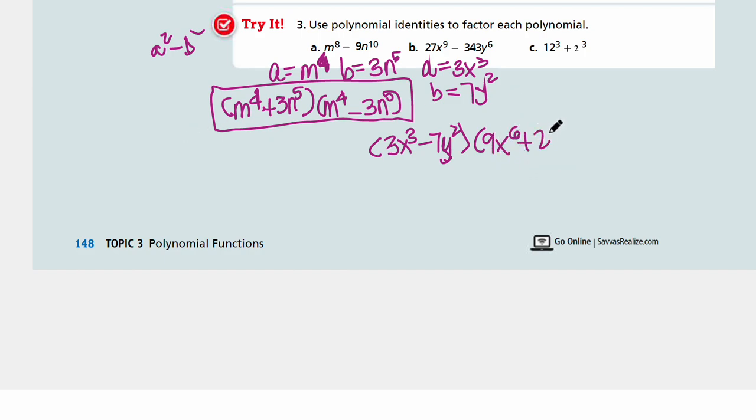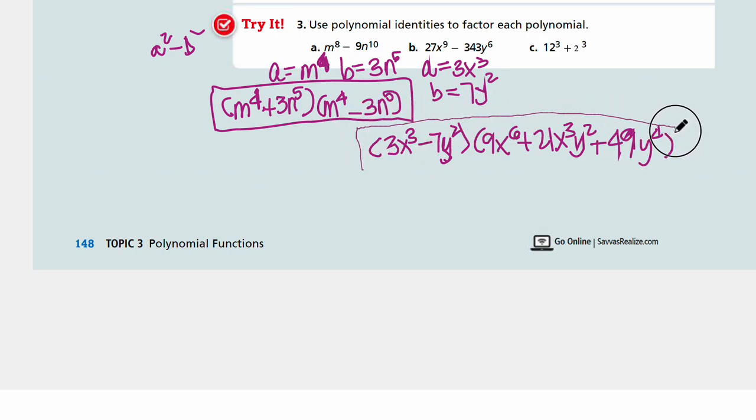So that's 21x cubed y squared plus b squared, so that's 49y to the 4th power. Okay, so that should be the factored form for part B.